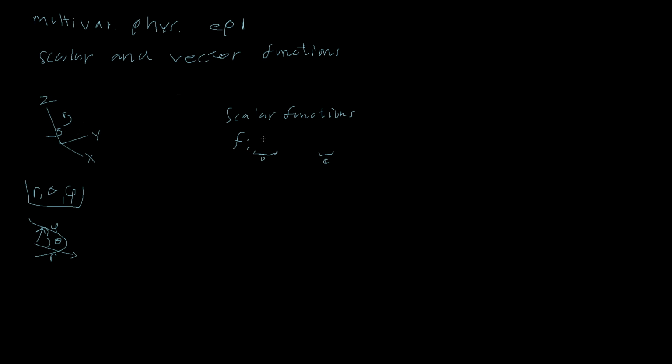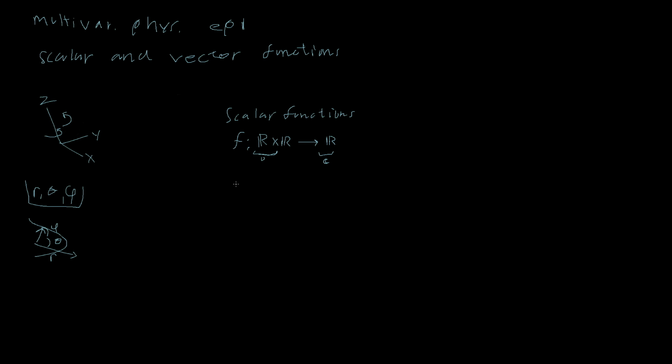So this function takes in two parameters, two real numbers, and it spits out a real number. That's all that this is saying.